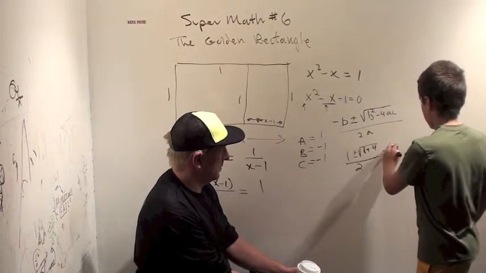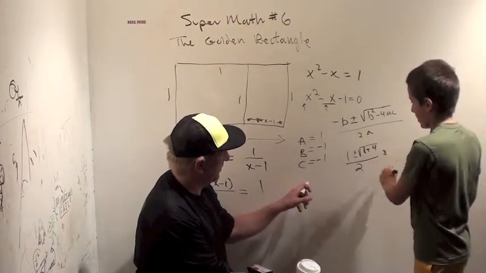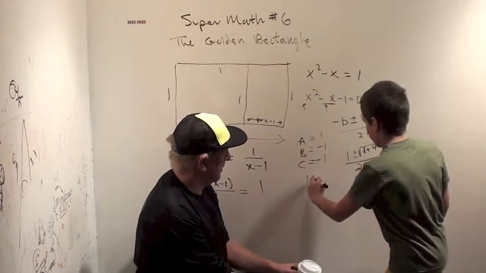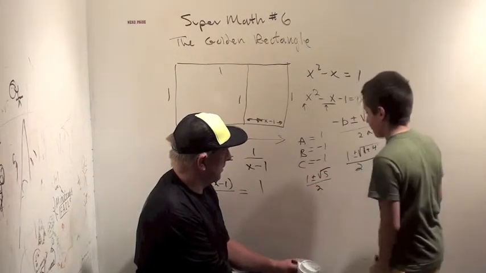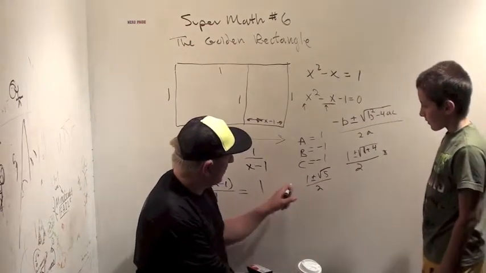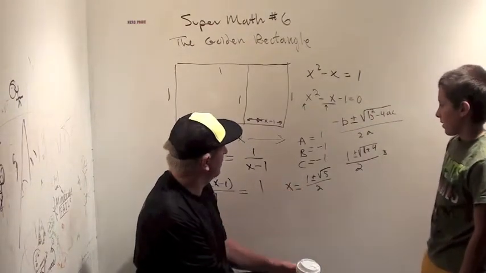So we get x is 1 plus or minus the square root of 5, over 2.